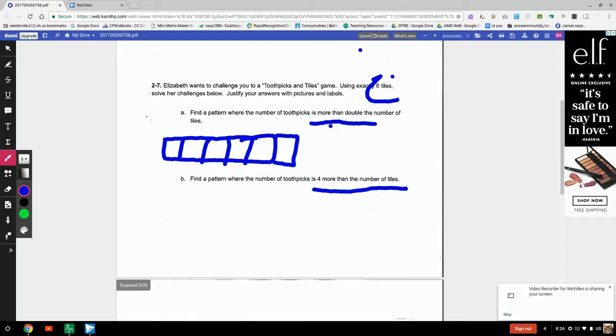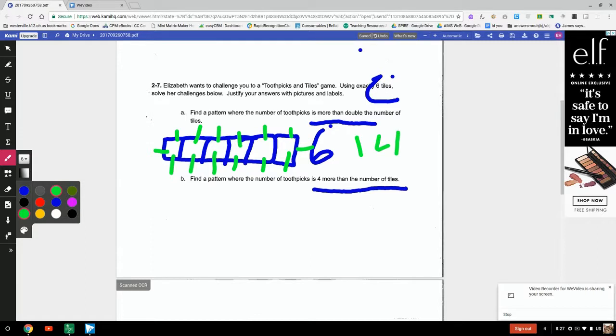You have your 6 tiles, and if you count your perimeter, you have 14. So then you'd have 14 for your perimeter. So that's just one. See if you can find another combination. Challenge yourself if you haven't found one yet. And you only need to show one. For the next one, again, it just wants to make sure that the perimeter is only 4 more.